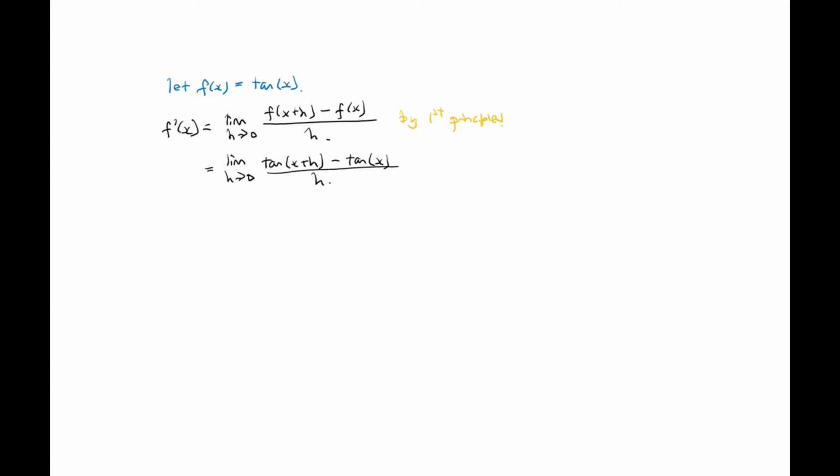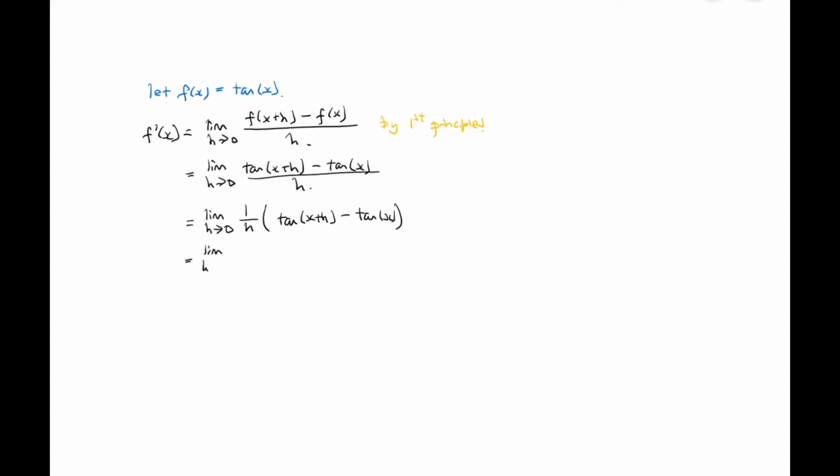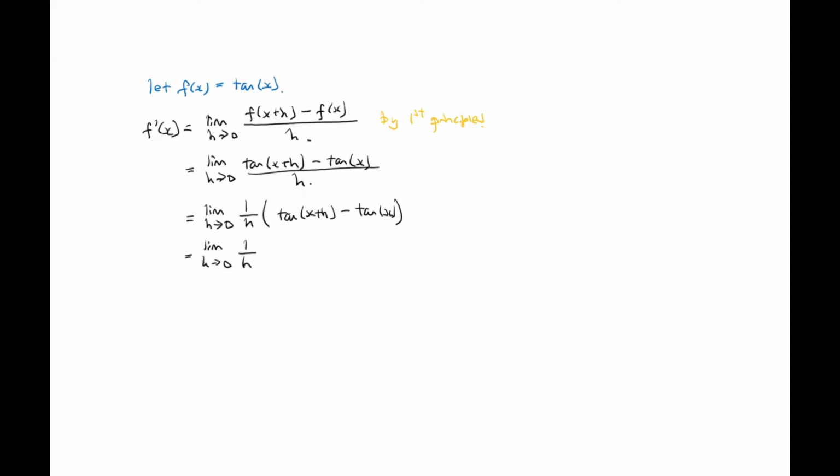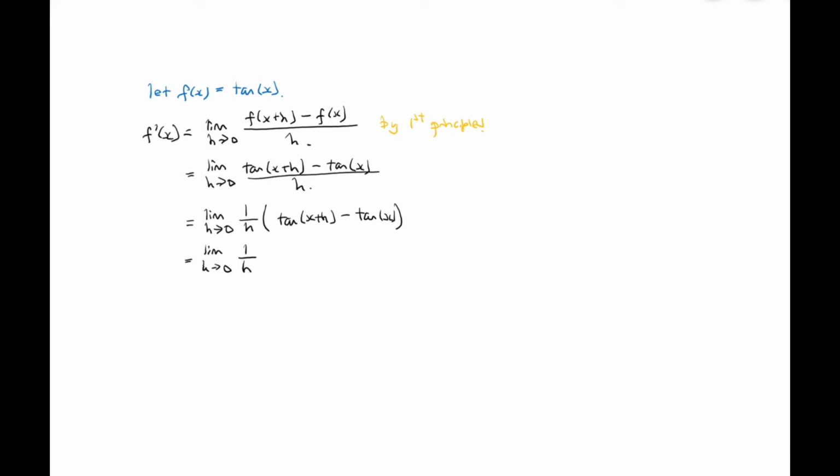Now, I can rewrite this in terms of sine and cos. If I take out the 1 over h, that will become tan x plus h minus tan x, equal to the limit as h approaches 0 of 1 over h. Now I can rewrite tan as sine over cos. So tan x equals sine x over cos x.